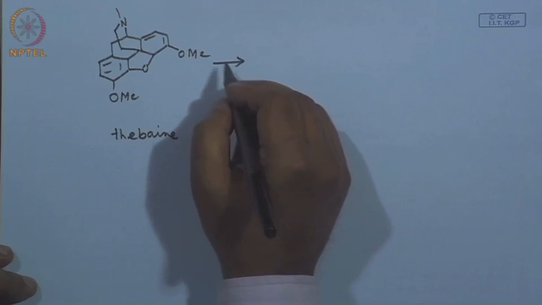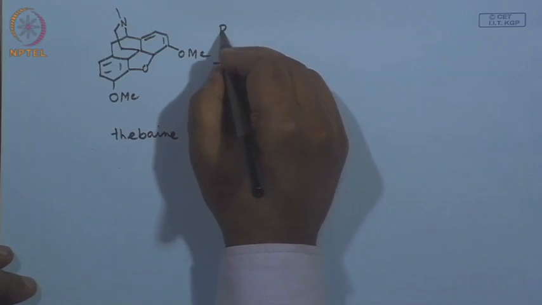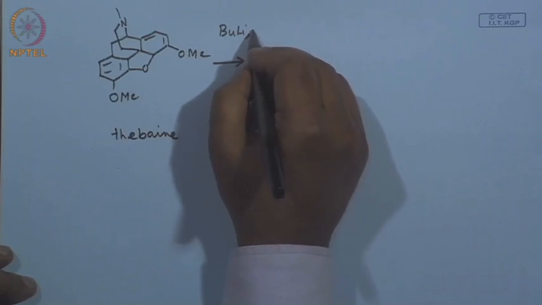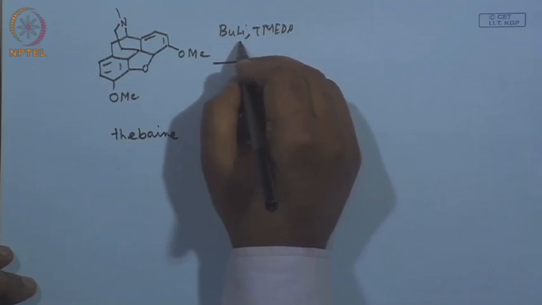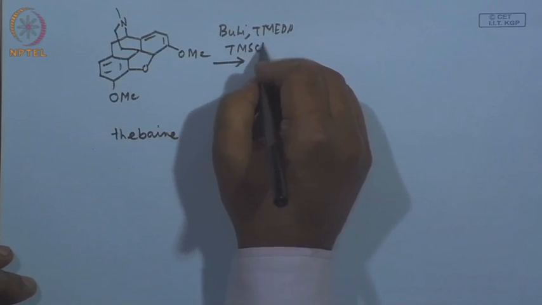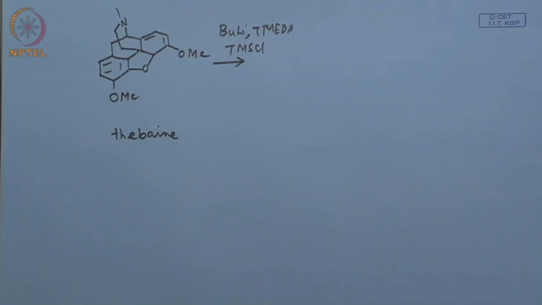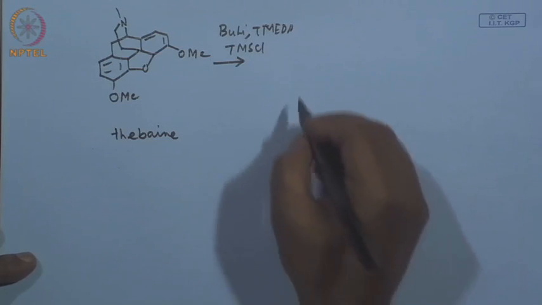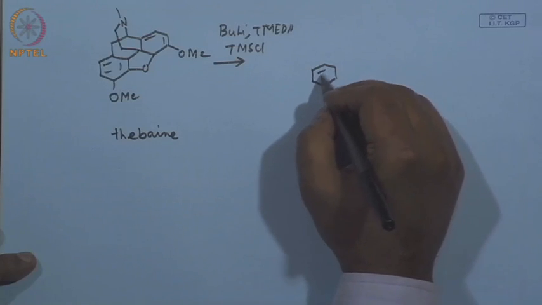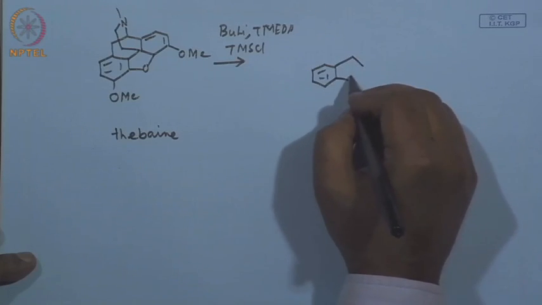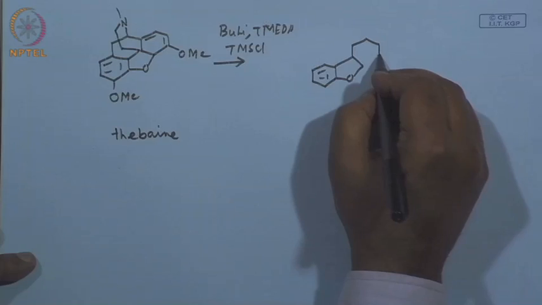If you now do our lithiation chemistry again, butyl lithium, TMEDA, and TMS chloride, which position would be lithiated? Okay. I will not write the full structure, I will write only the structure where the lithiation would take place.